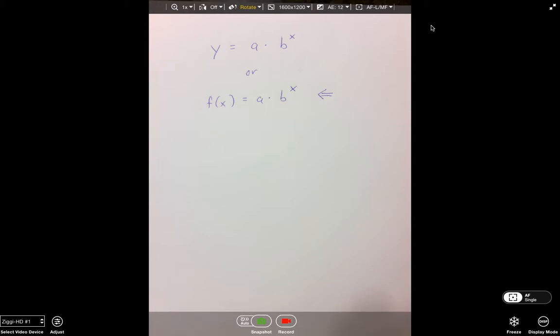I don't know. What are we going to do here? Let's say we have the following values. I'm trying to come up with something here on the fly.